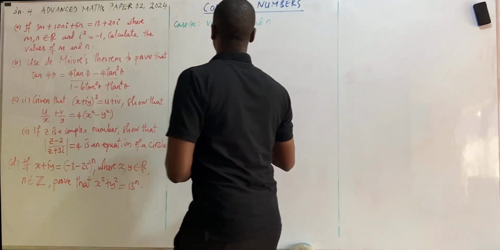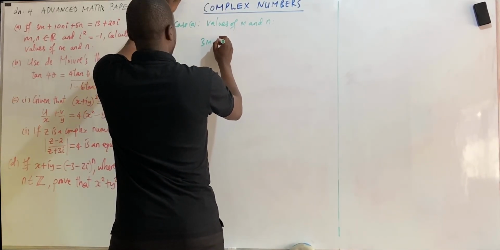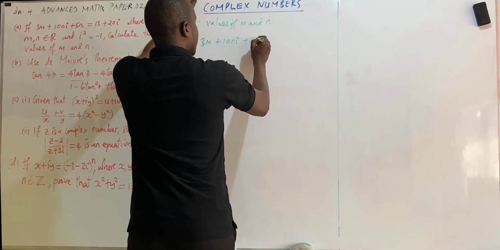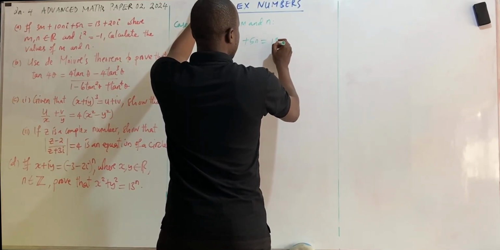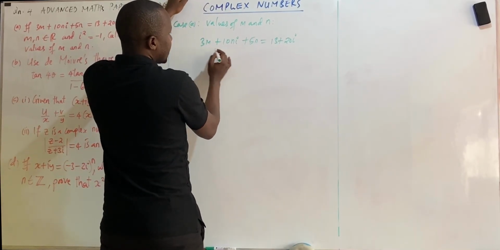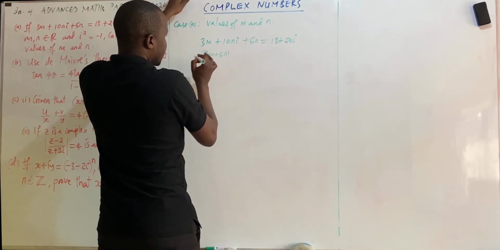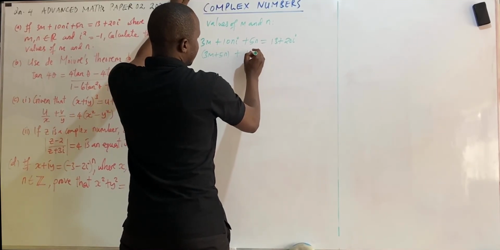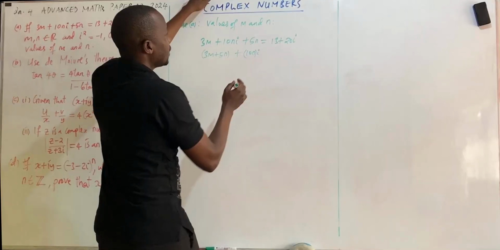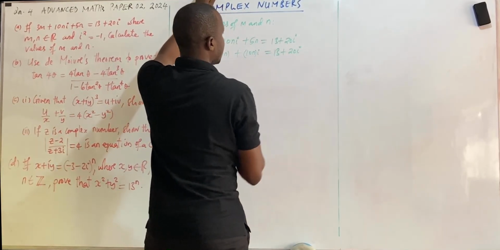So we can write 3m + 10ni + 5n equals 13 + 20i. Arranging, 3m + 5n is the real part, plus 10ni, which is imaginary, equals the real part 13 plus 20i, the imaginary part.